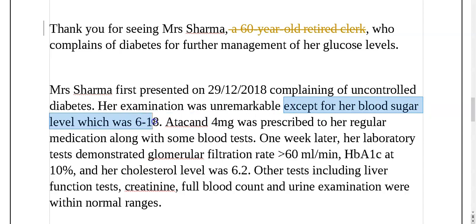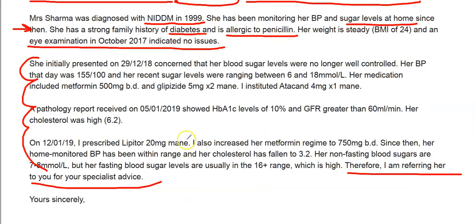So why didn't you just put that as part of the information? Now, if you look at the note, so she presented, I would put a name first, concerned, her sugar levels well controlled, and her BP was blah blah blah, right? So you can put all that information there.